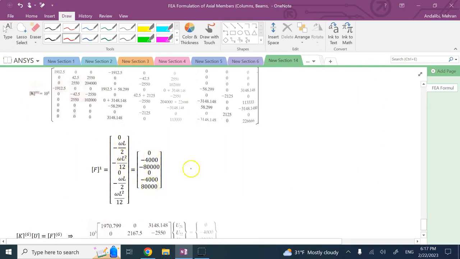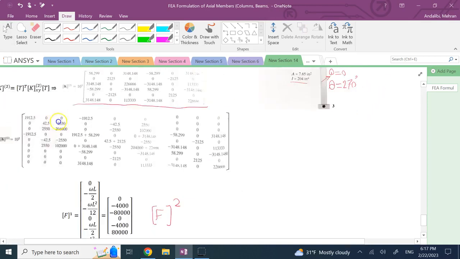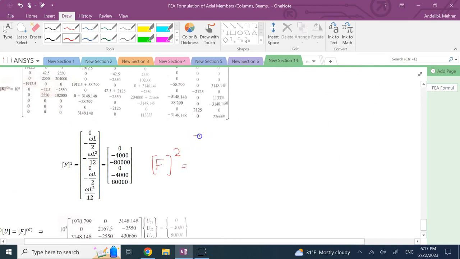For element 2, there is no loading. Element 2 is completely free. There is nothing on it. So for element 2, it is going to be a bunch of zeros. And then we can add them together.